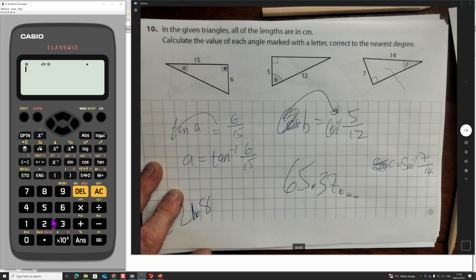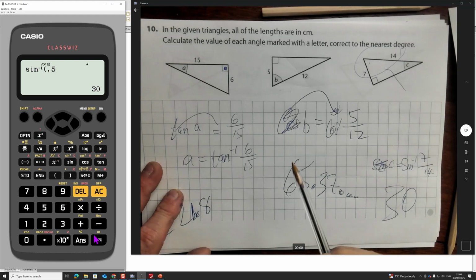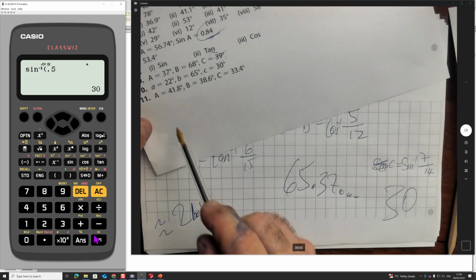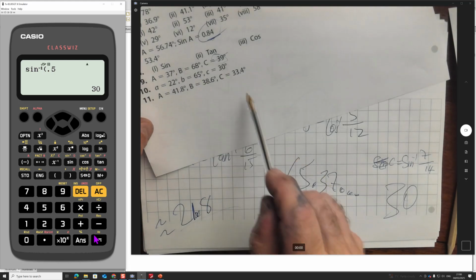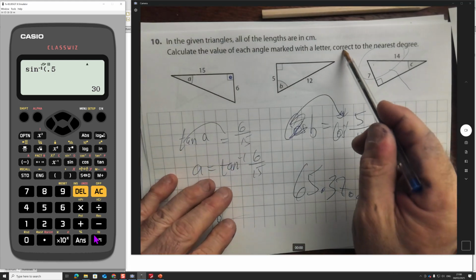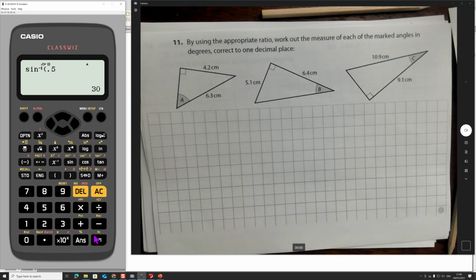Clear shift sine, anyway, shift sine 0.5. See that? Speed things up. 7/14 is 0.5 equals 30 degrees. Okay, and we're looking at them here. 22, yeah, 65, yeah, 30, yeah, to the nearest degree. That's what they did. And last one.